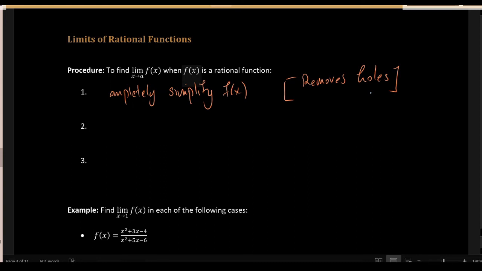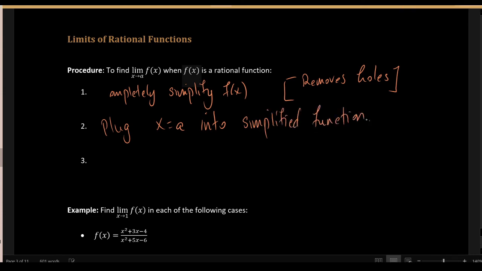Now that your graph has no holes in it, you can apply the same technique that we used in the rule of thumb. You can plug x equals a into the simplified function. When you plug x equals a into the simplified function, the result of that plugging in will always be exactly the same as the behavior of the actual limit.